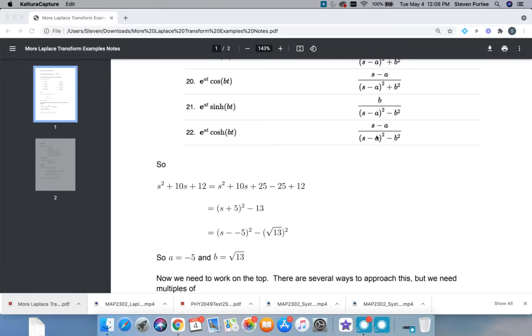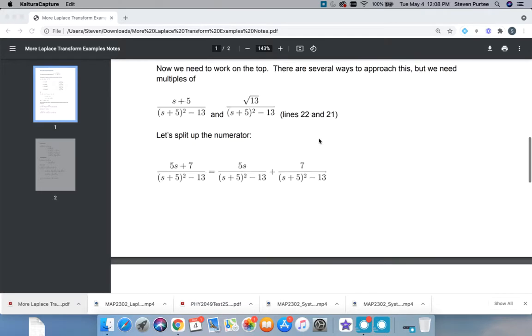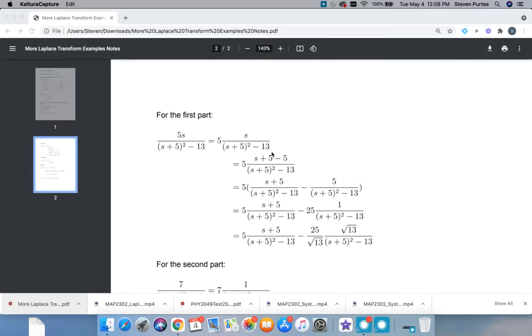Whatever is right here in the parentheses needs to be on top. So I need an s plus 5 on top instead of just an s. So the easiest way to get that is put in a plus 5. And to balance that out, I need to put in a minus 5. Now I can split that top up. Grab that s plus 5, split the top.